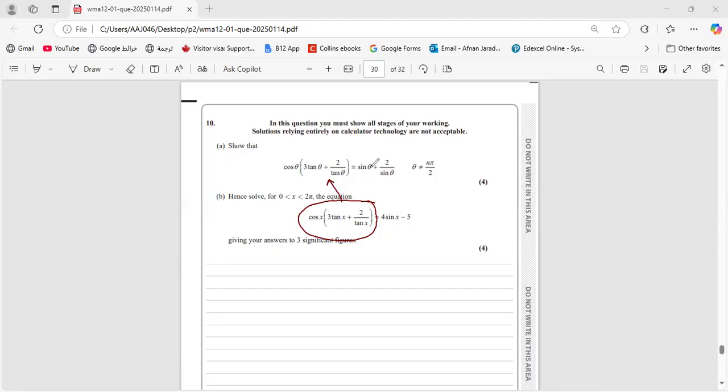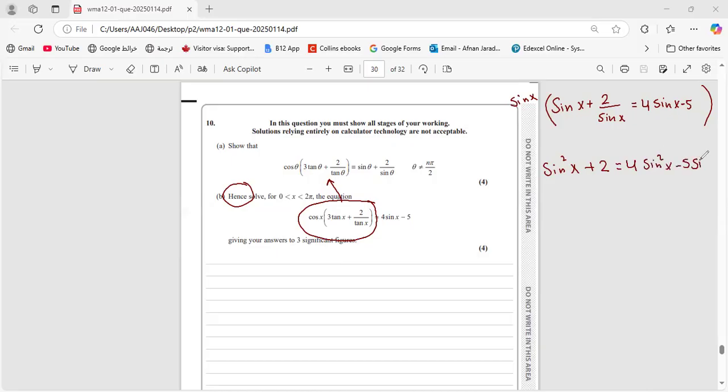You will take the solution of A because of the word hence. So sine x plus 2 over sine x equals 4 sine x minus 5. You need to multiply this whole equation by sine x. It will be sine square x plus 2 equals 4 sine square x minus 5 sine x.